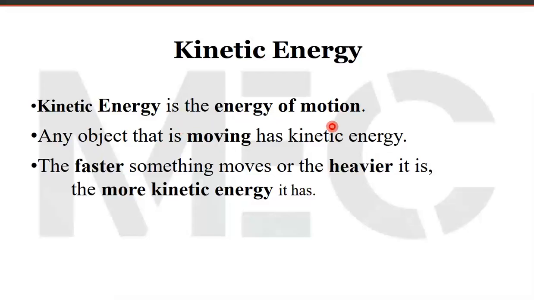Okay, let's continue. Kinetic energy is the energy of motion. So we talked about units of energy, we talked about work. Now we want to talk about kinetic energy. As the name says, kinetic means motion. So the energy in a moving particle is kinetic energy. Any object that is moving has kinetic energy.